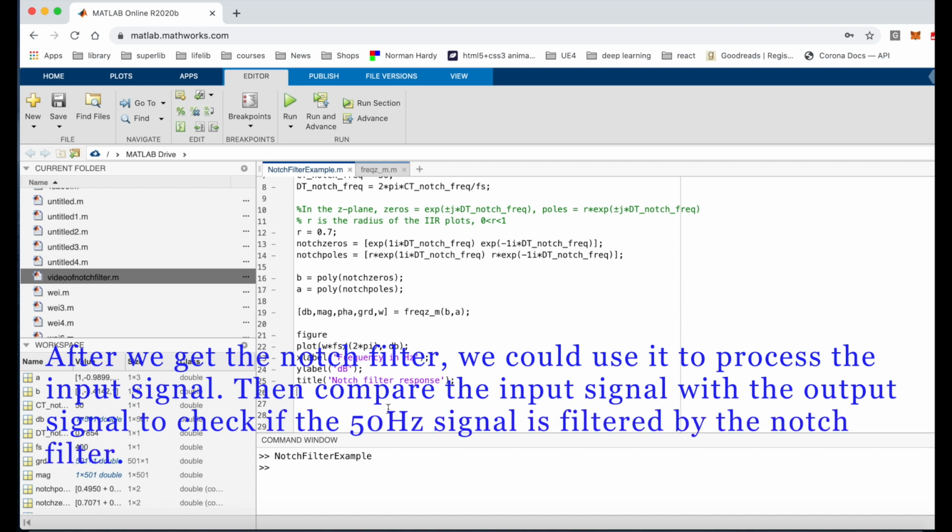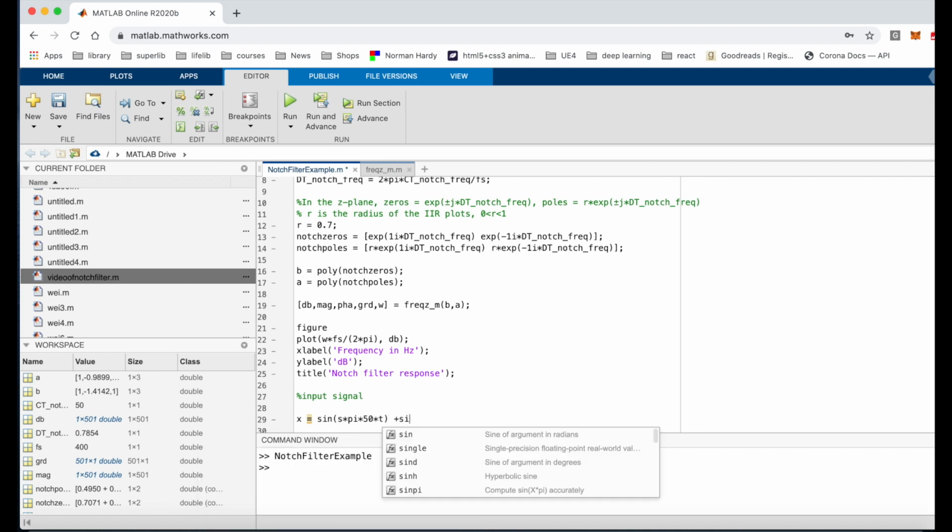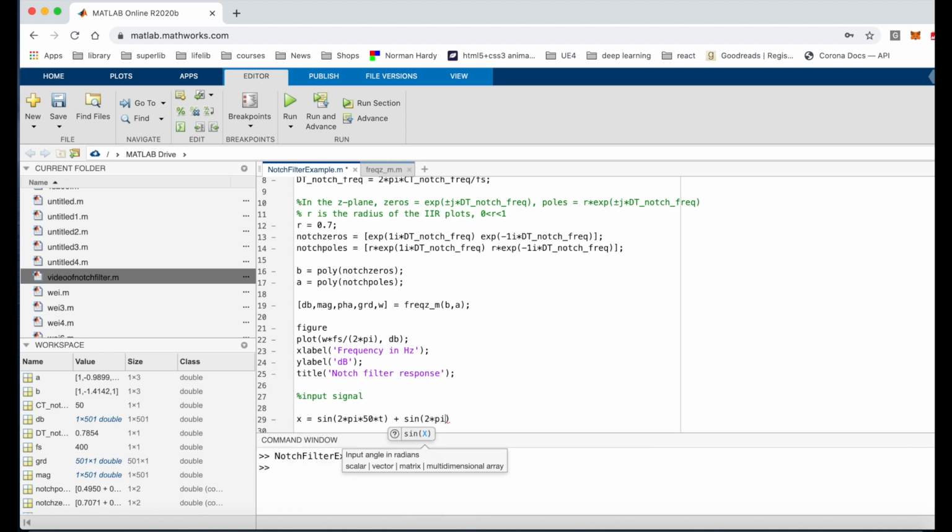After we get the notch filter, we could use it to process the input signal. Then compare the input signal with the output signal to check if the 50 Hz signal is filtered by the notch filter. The input signal is composed of 50 Hz and 100 Hz signals, so the expression will be x equal sine 2 pi times 50t plus sine 2 pi times 100t.